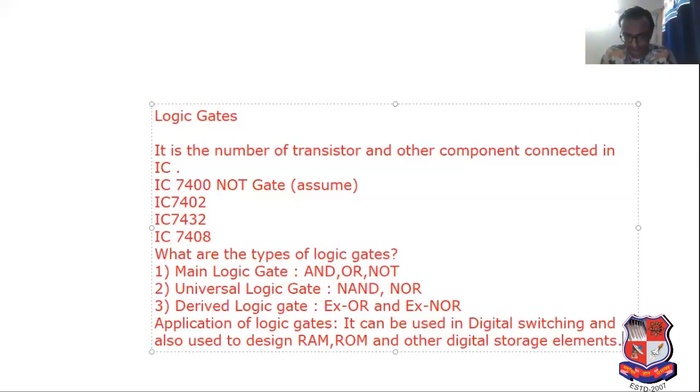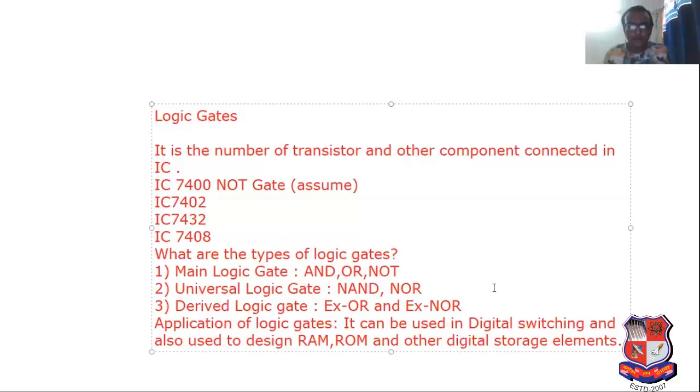So this is the application of logic gates that I have mentioned here. Look at this carefully.